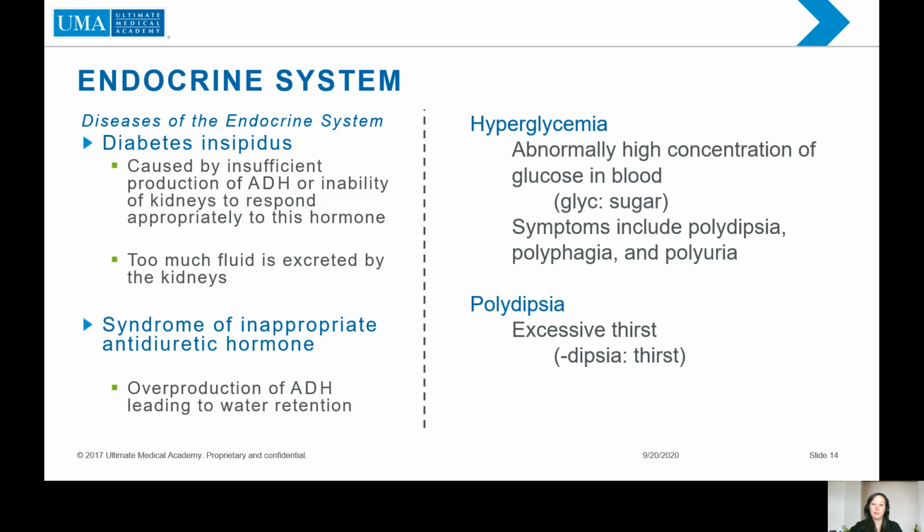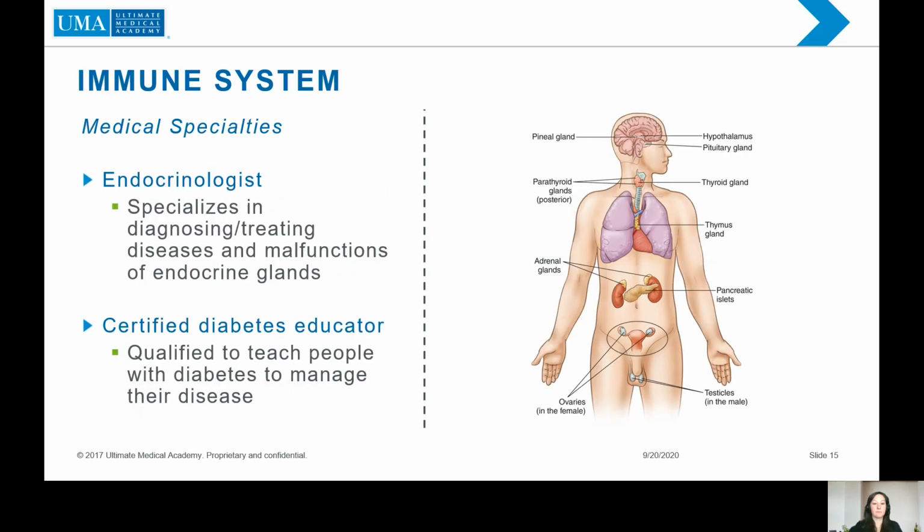And the symptoms could include polydipsia, polyphagia, and polyuria. And polydipsia is excessive thirst. So dipsia, DIPSIA, means thirst. So polydipsia is going to be excessive thirst. And this is going to be caused by hyperglycemia.